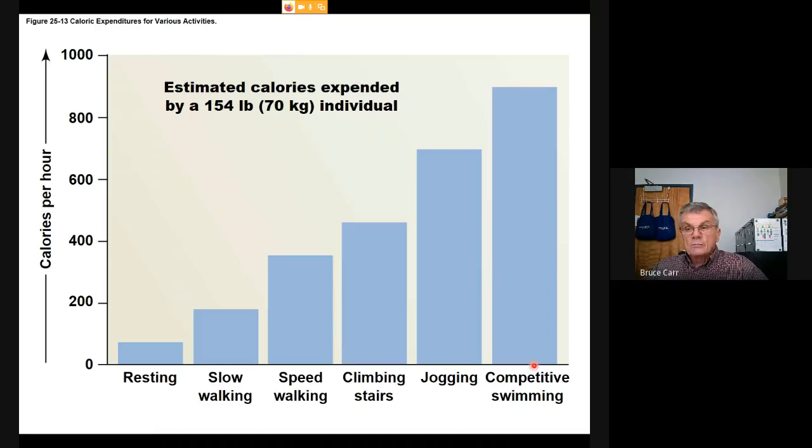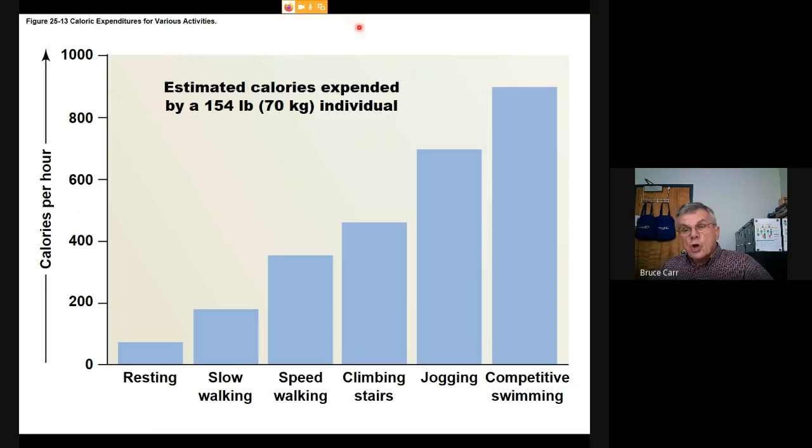So as a result, if you're swimming competitively and exerting yourself to the highest levels, the estimated expenditure of calories per hour is very great. Now, one of the things we do not list here are some of those ultimate expenditure sports.